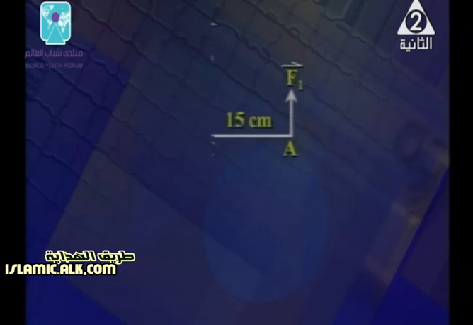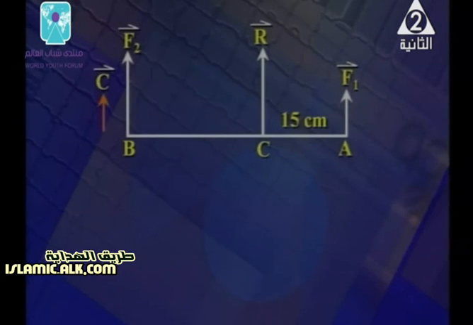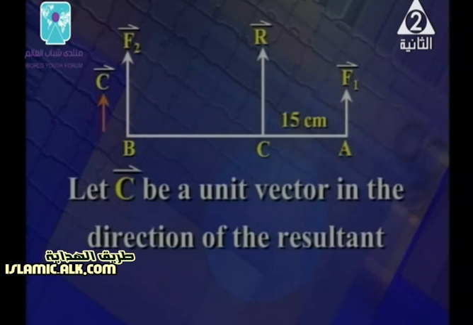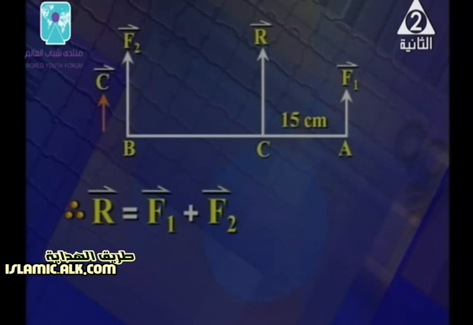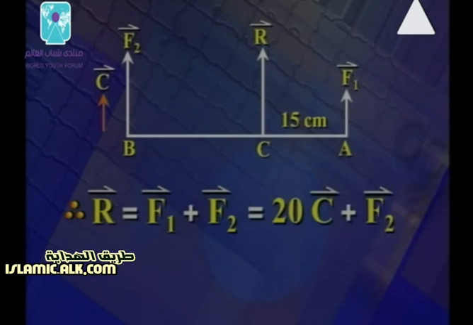Solution. Dear student, look, let C be the unit vector in the direction of the resultant. R equals 35C, F1 equals 20C, then R equals F1 plus F2, the resultant of the two forces is the sum of the two forces. So 35C equals 20C plus F2. What is R? 35.